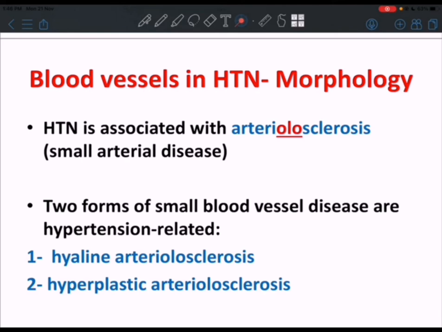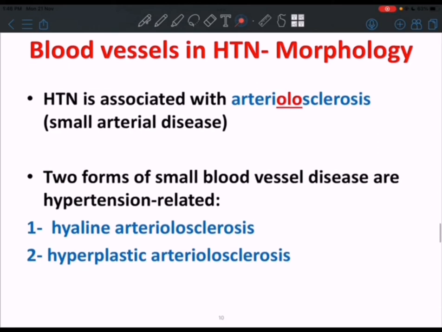Aging right but those three things can lead to one kind of or one form of arteriolosclerosis.